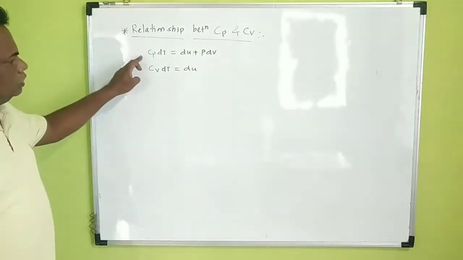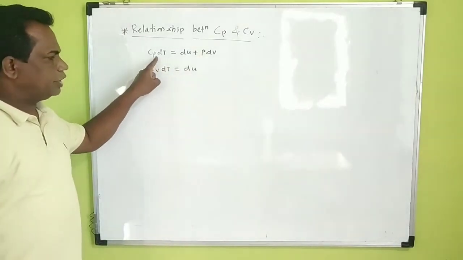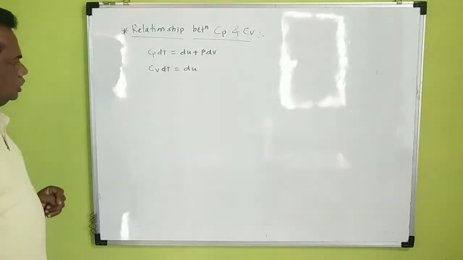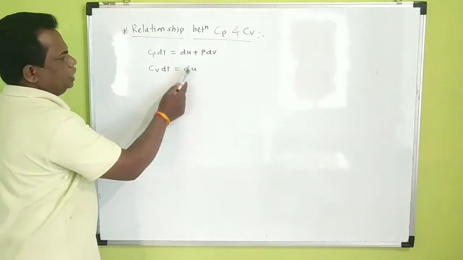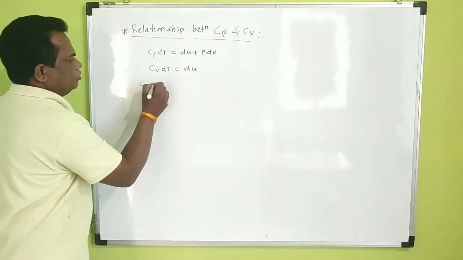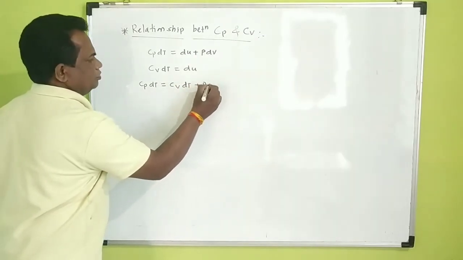So already we know the two relations, one for specific heat at constant pressure and one for specific heat at constant volume. Now put the value of dU in this equation, you will get that Cp dT is equal to Cv dT plus PdV.